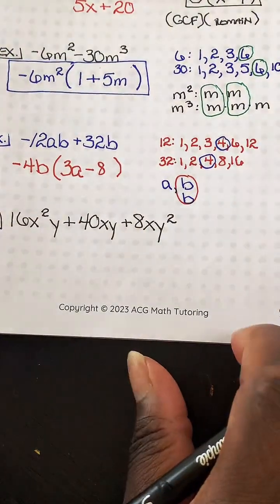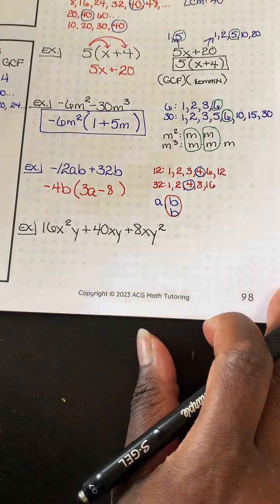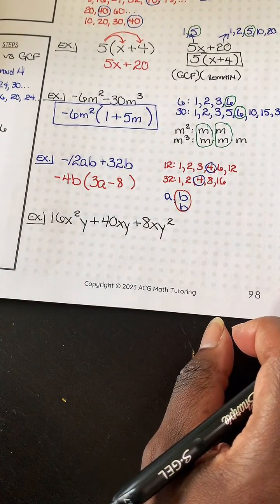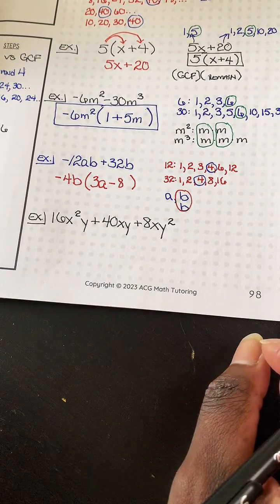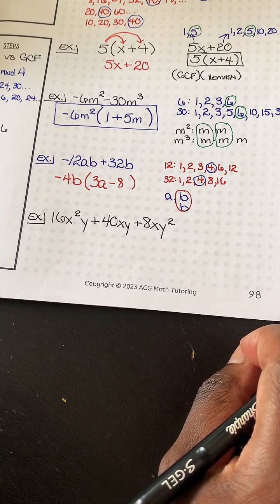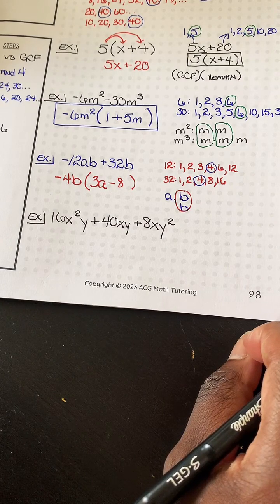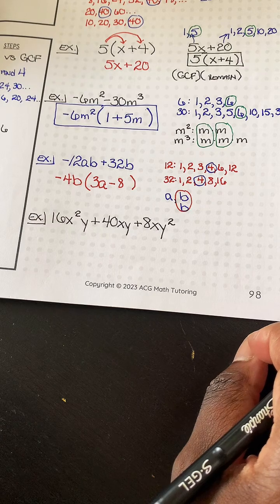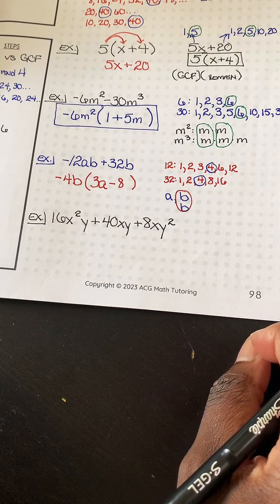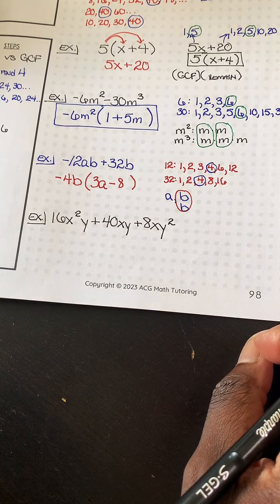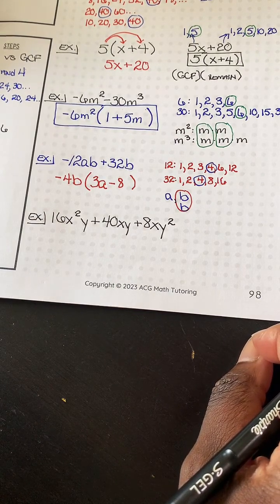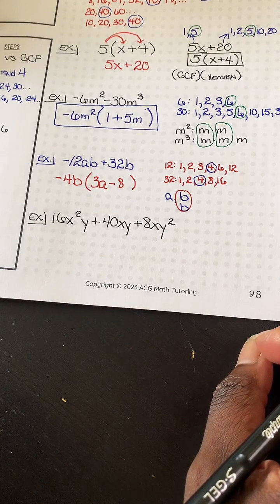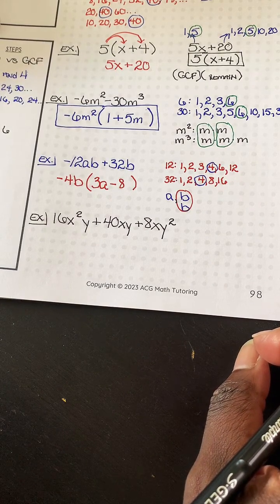For this one, let me shrink it a little bit. All right, so I'm seeing for the GCF 8xy. Coach got 8xy, Kai got 8xy, Paul got 8xy. Yes, I'm going to factor this too.